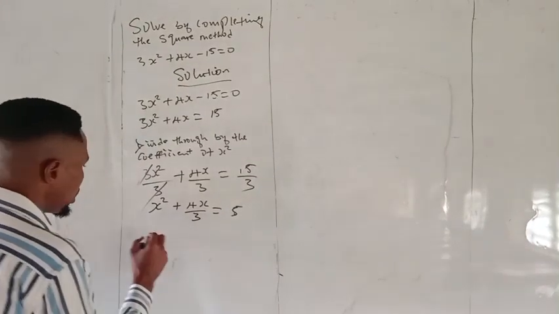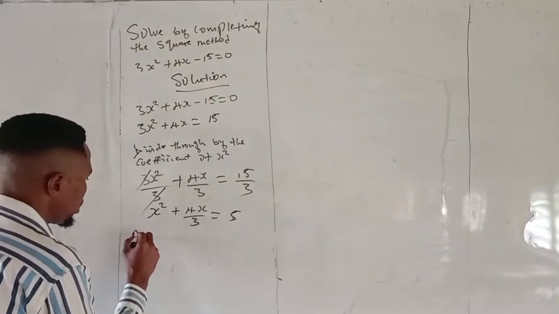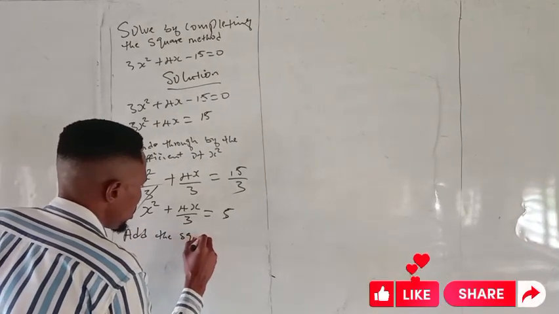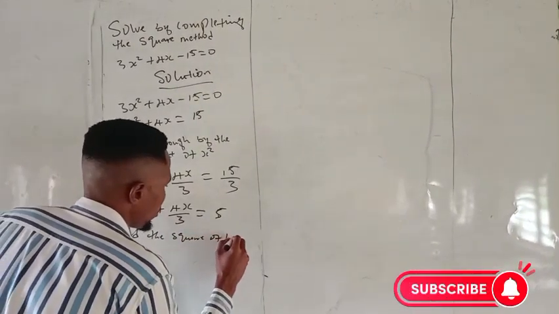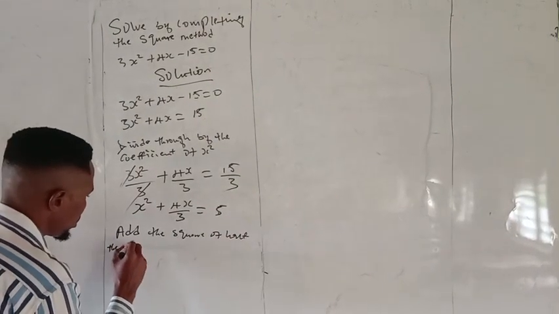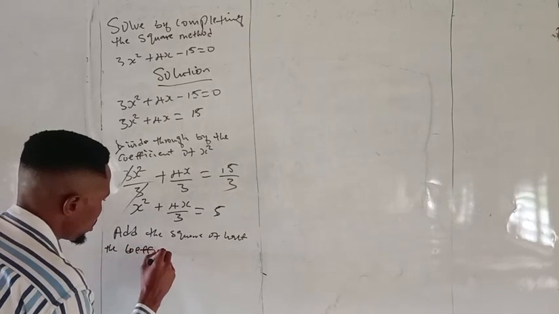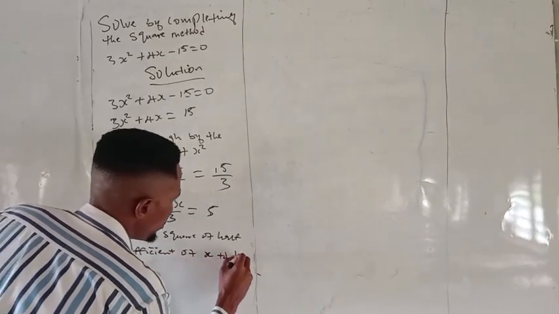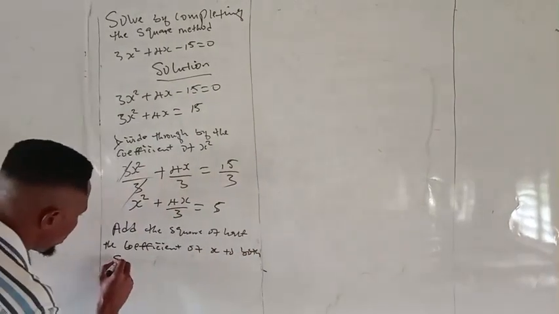So the next step now is to add the square of half the coefficient of x to both sides.